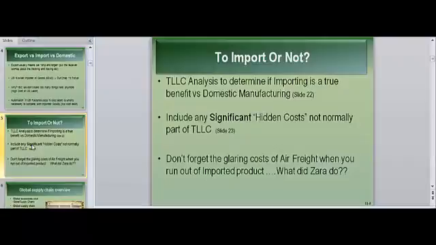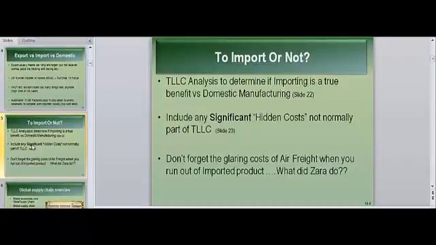And I purposely left things out so that your creative juices can flow in the business case to look for other low-cost options. And when total least landed cost analysis is done, you should include any significant quote-unquote hidden costs that aren't normally part of the total least landed costs.